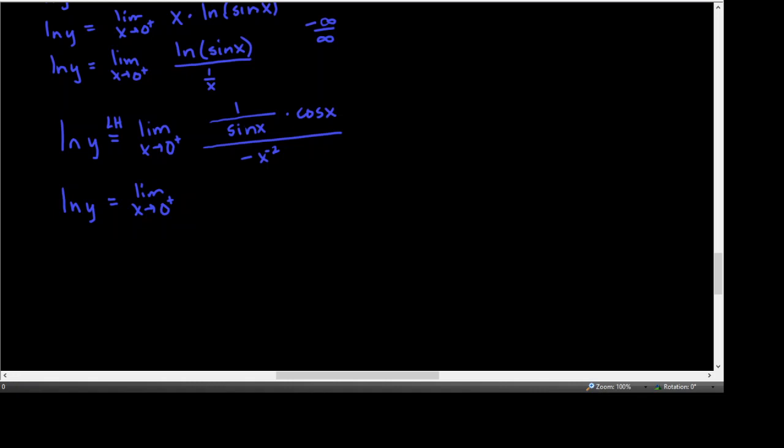So I can rewrite negative x to the negative 2 as the opposite of 1 over x squared. And if that negative x to the negative 2 is in the denominator of a fraction, then to do that division, we'll take 1 and multiply it by the reciprocal of negative 1 over x squared, which gives us negative x squared.